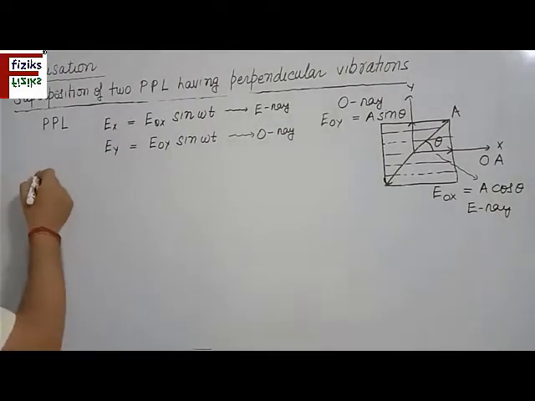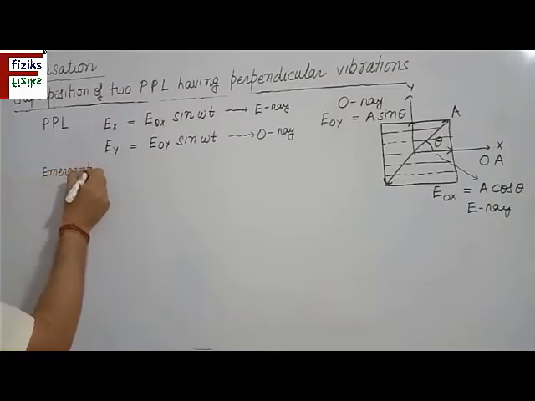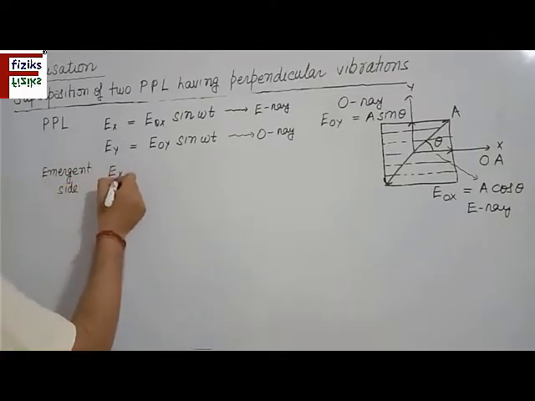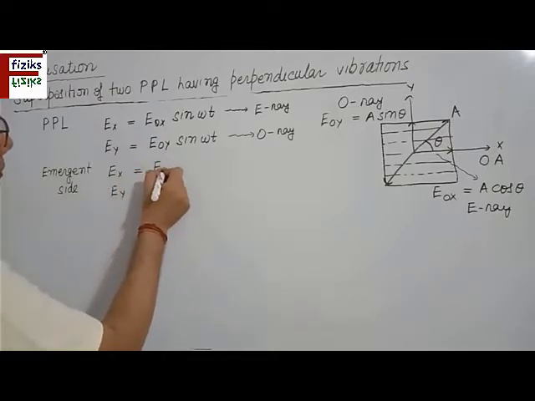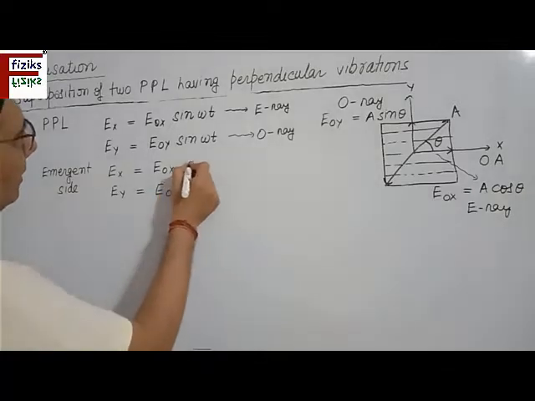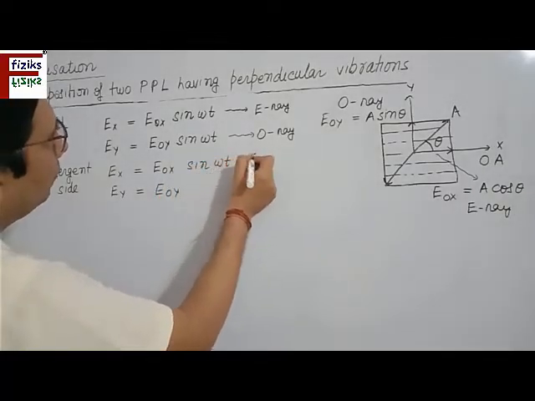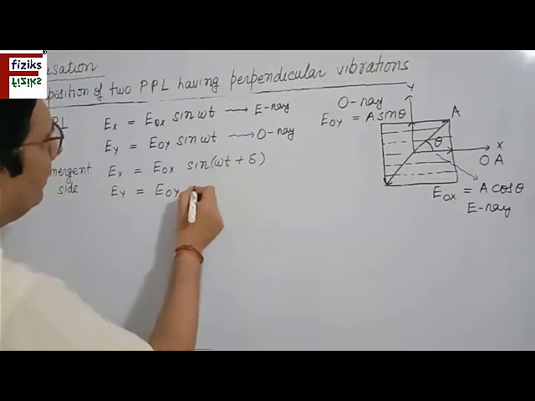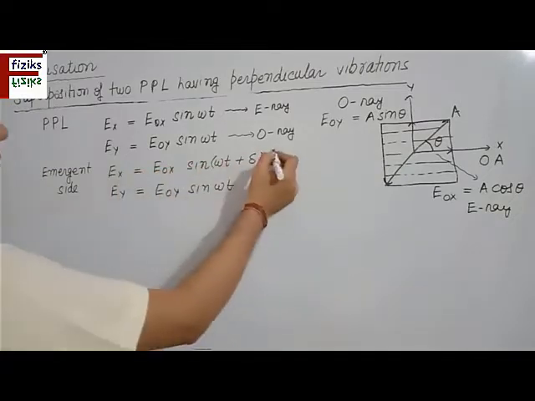When they emerge on the emergent side, we will have electric field components Ex and Ey, and their amplitudes will not change. They will remain E naught x, E naught y, but an extra phase difference will be introduced. Suppose this is delta, and this will be sin omega t plus delta. So this is the emergent light.